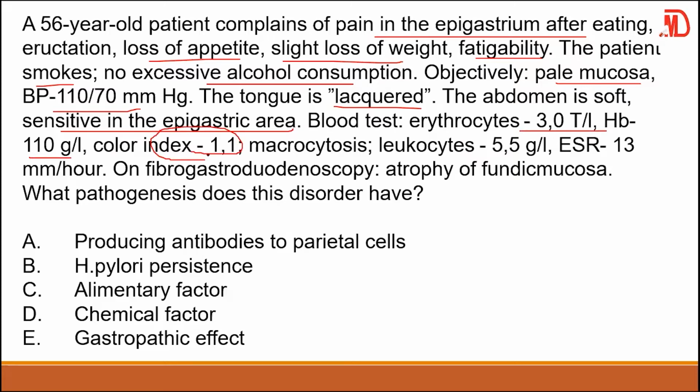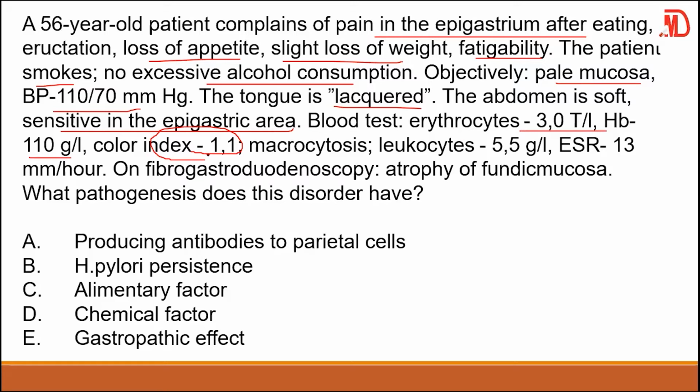Who can tell me? It's macrocytic. Macrocytic. What are you looking at? Hyperchromic. Good. Again, B12 deficiency. What are you looking at? B12. So the question now is, what helps in the absorption of B12? Who can tell me?